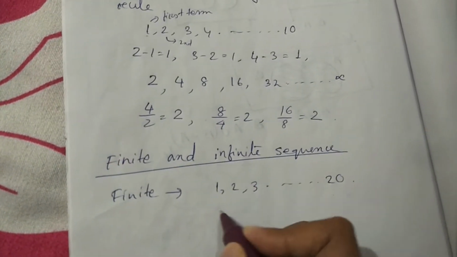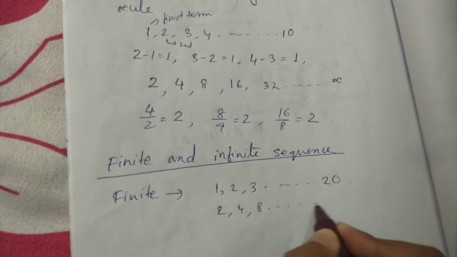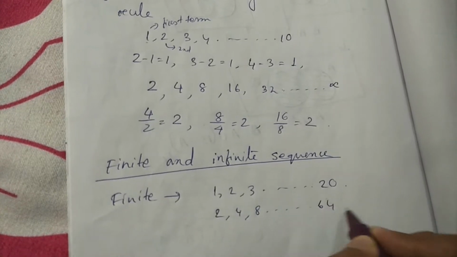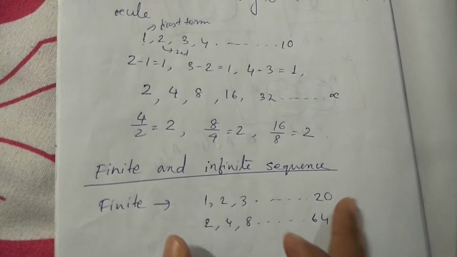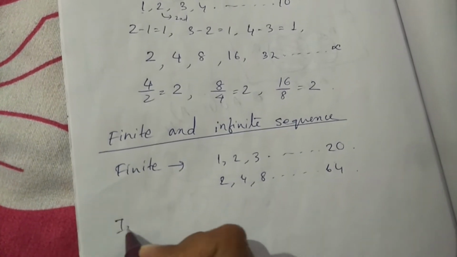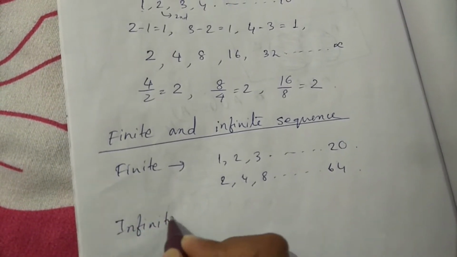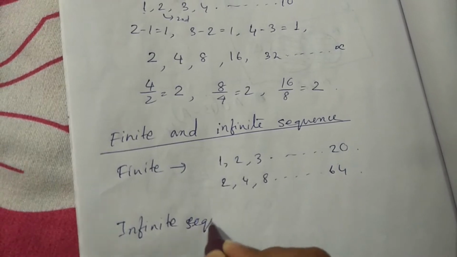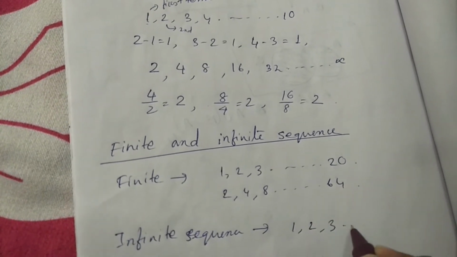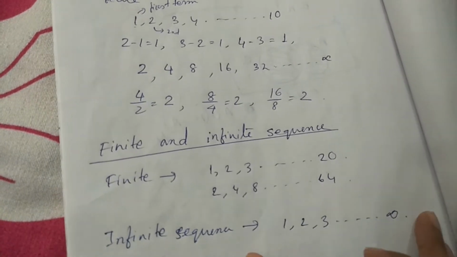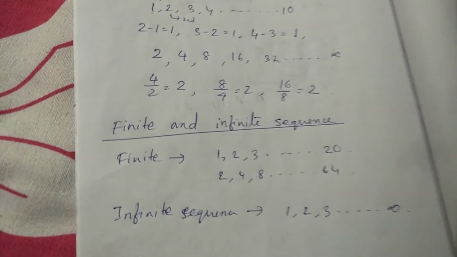Suppose 2 4 8 up to 64, this is also a finite sequence. Now what is an infinite sequence? Suppose 1 2 3 up to infinity, so this is an infinite sequence. That's all.